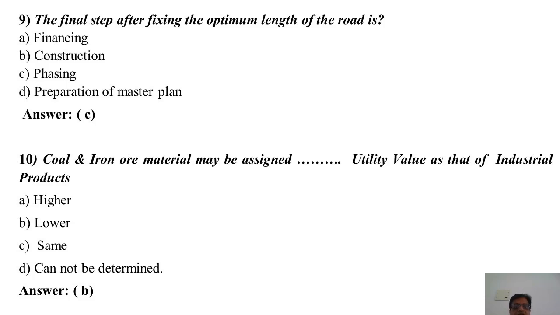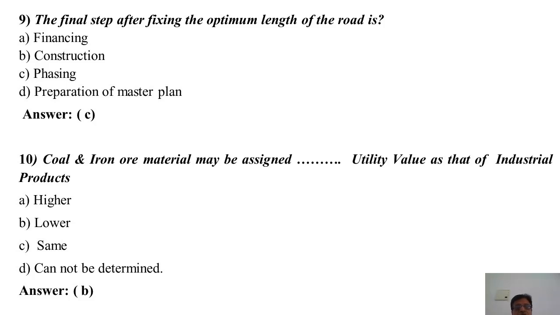The final step after fixing the optimum length of the road is financing, construction, phasing, preparation of master plan. So phasing is the step which is done after fixing the optimum length of the road.